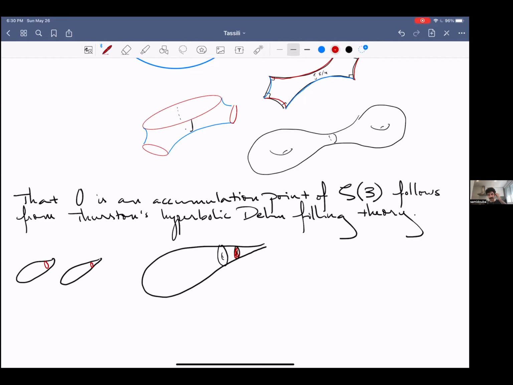To my knowledge, this is the first justification that zero is an accumulation point of S3: Dehn filling.